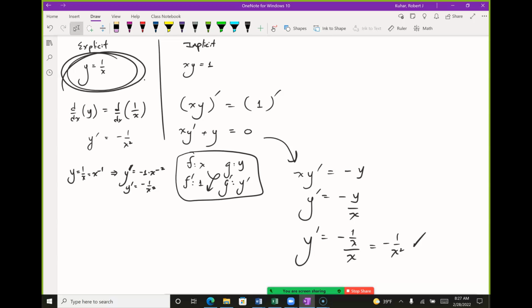But sometimes you can't. So I'm not going to ask you to solve for y prime if you can't, okay? But I can use even the most complicated version of it to find a slope, right? All I have to do is put in numbers for x and y, and then I can get a slope. So let me show you an example of that.